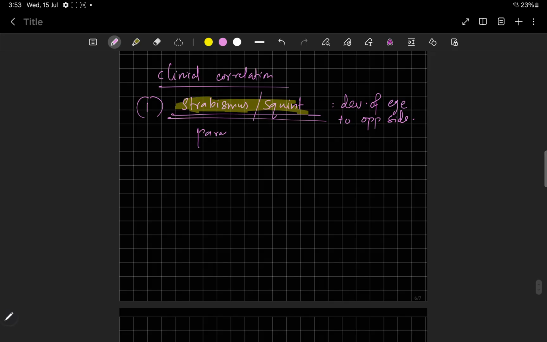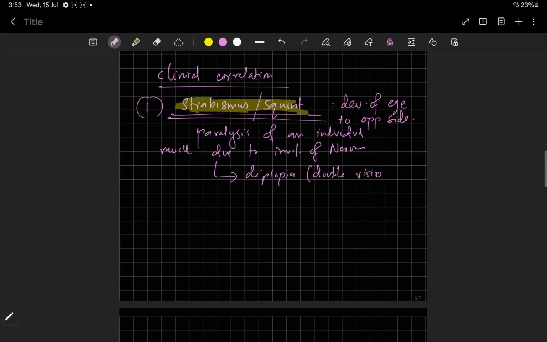So this is explained as the paralysis of an individual muscle due to involvement of nerve, and that is leading to strabismus or squint, and that can result in diplopia or double vision.